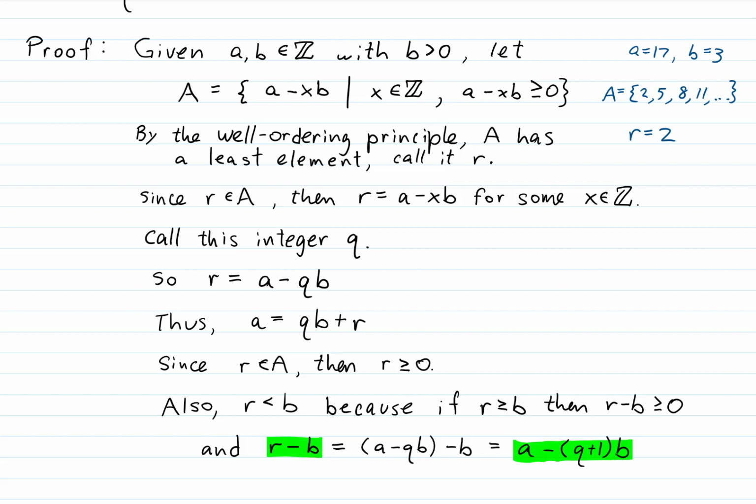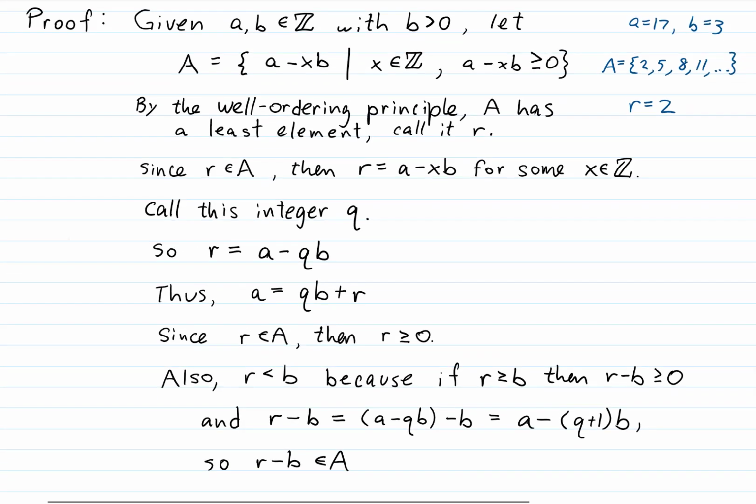So where would R minus B be located? It would be in the set capital A, right? Because it's non-negative and it equals A minus an integer times B. So R minus B would be an element of A. But what did we say about R?